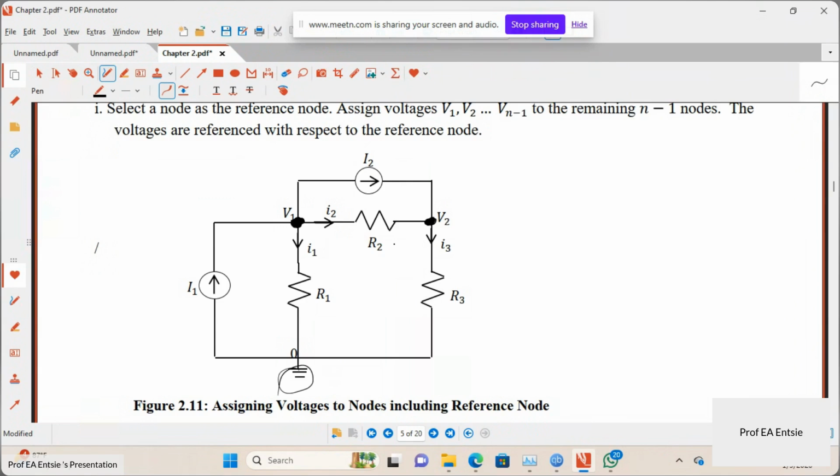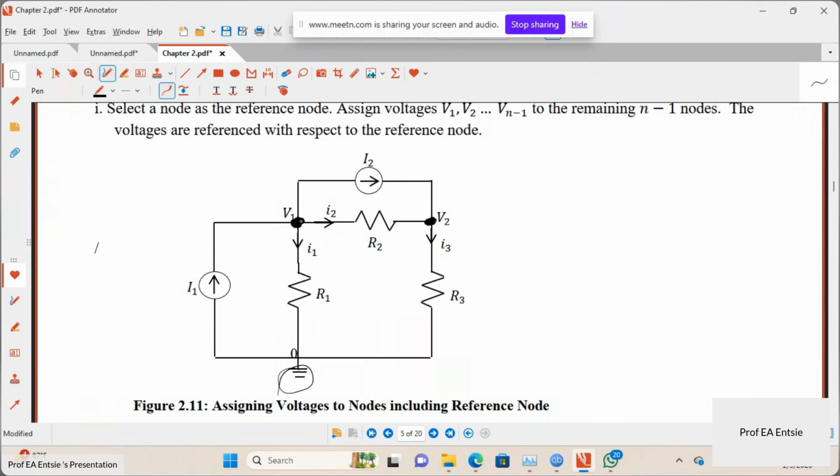After you've allocated your nodes and identified the reference node, which is down here, you find the current at each node. You sum all the currents at each node.